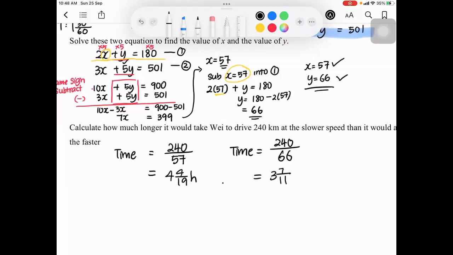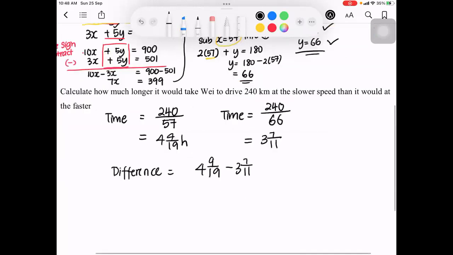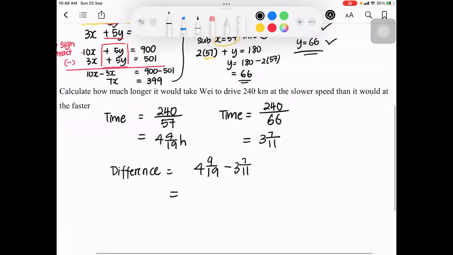How much longer? So they want the difference. So I take this one minus this one. Okay, how much longer? So I just minus off 4 and 9 over 19 minus 3 and 7 over 11.